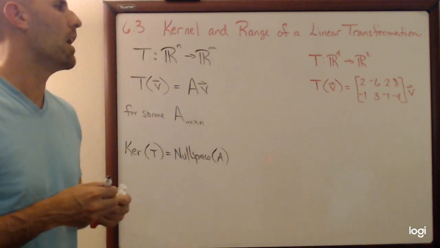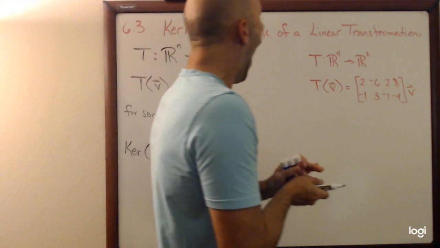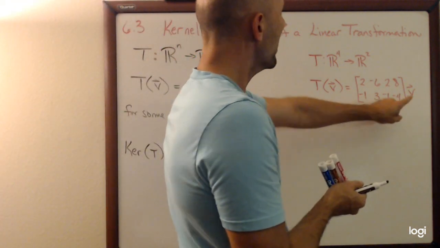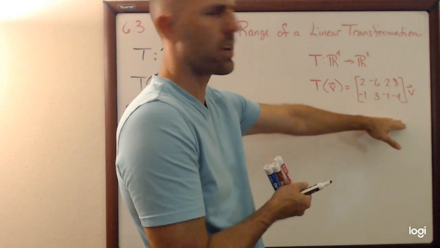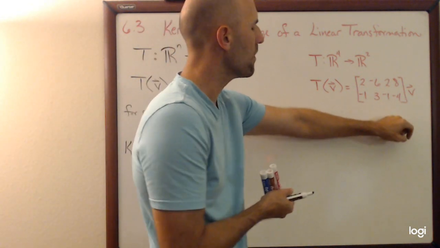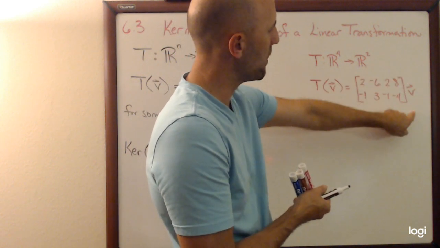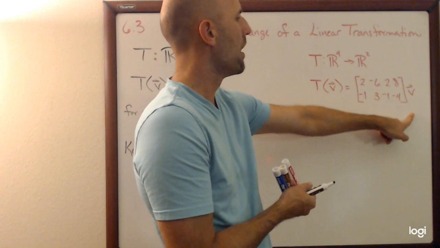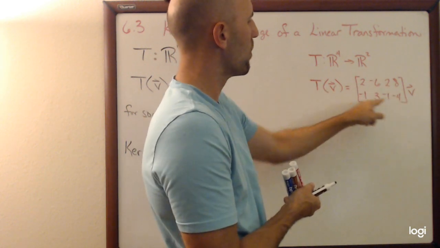But the range is going to be the column space. Why the column space? When I multiply this times a four-dimensional vector, what I get is row times column.